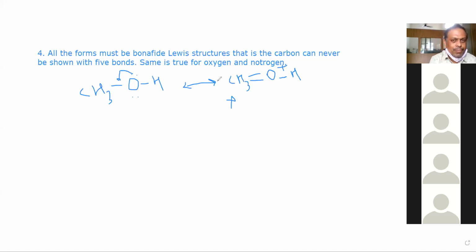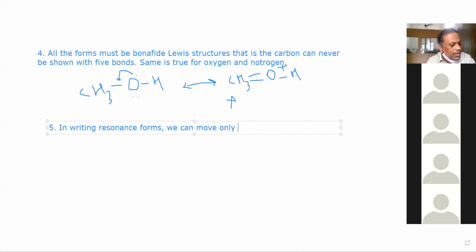Rule number 5. In writing resonance forms, we can move only electrons.